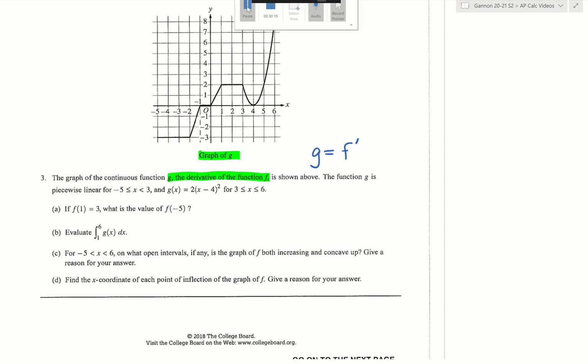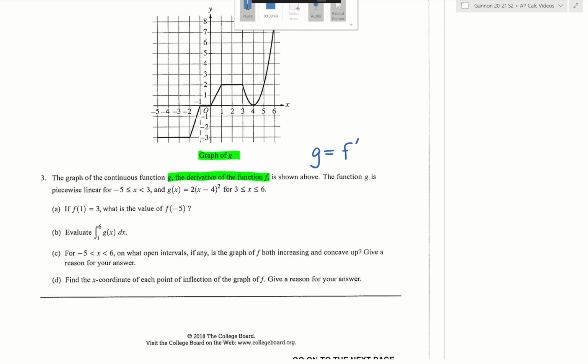All right, so let's think about what we have here. We know the value of f of 1 is 3. We want to know the value of f of negative 5, right? And g is equal to f prime. So basically, when we look at the graph, this graph is the derivative of f.